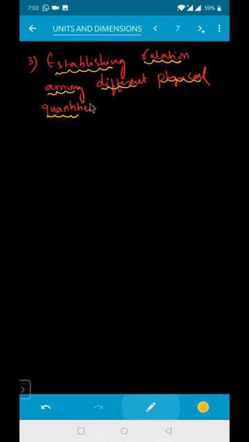That means if I know the dependence of any one physical quantity, I can tell how it will be related to the other one.